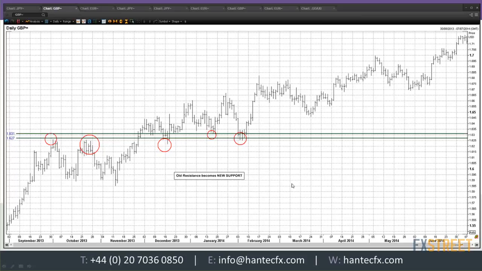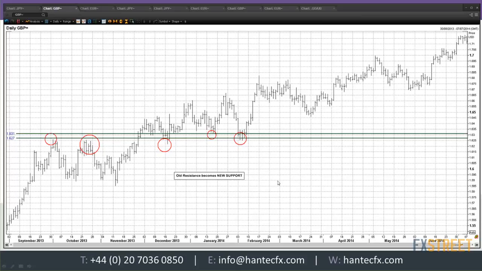Okay, so I suppose the question really to ask is, what sort of supports and resistances do you use, and how can you use them? Basically, you can't really, in my opinion, as I said, use support and resistance to the tick, because, as I said earlier, I think it is unrealistic that markets work that way. They don't work to the tick.